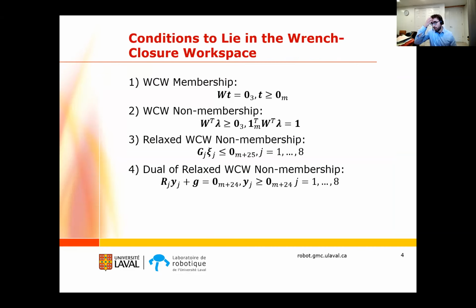When I started working on this, we started from the wrench closure workspace condition. Those who are familiar with cable robots know this condition. So basically it states that we can balance any external wrench on the end effector if I can find a vector of tensions, T, in the null space of the Jacobian matrix that is strictly positive.